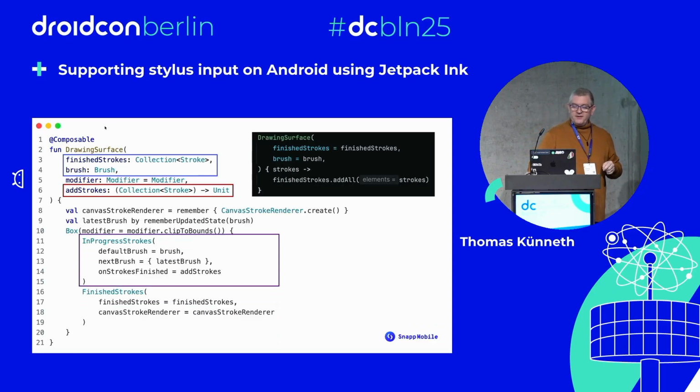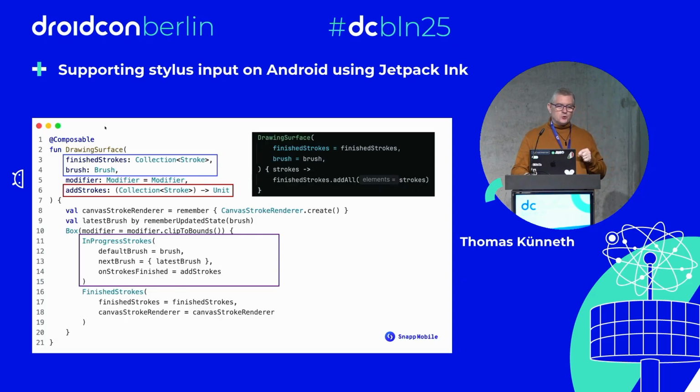Remember that I mentioned there are two sorts of stroke types, the one being the in-progress strokes. They are handled differently than the finished strokes. So what does that mean? While a drawing action is in flight, in progress, Jetpack Ink API handles this for you. This is done, for example, to ensure that the drawing looks particularly smooth.